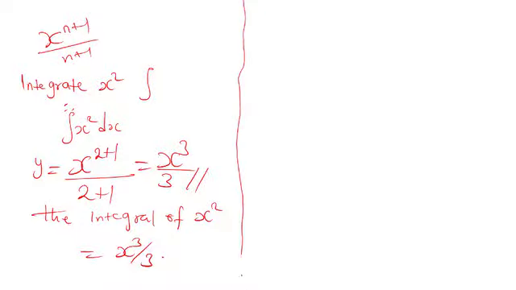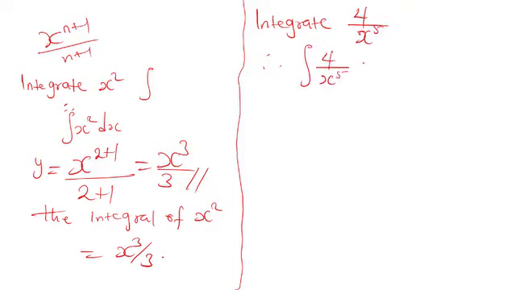That is the integral. Now I want us to integrate some more. Let me say integrate 4 over x raised to the power 5. First of all, place it in the sign of an integral, 4 over x raised to the power 5.